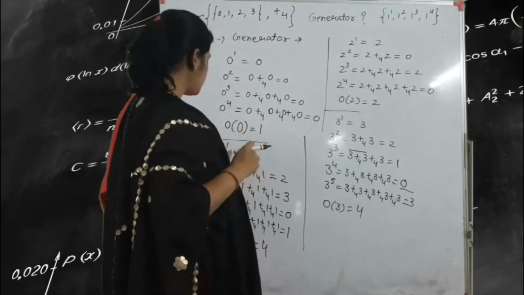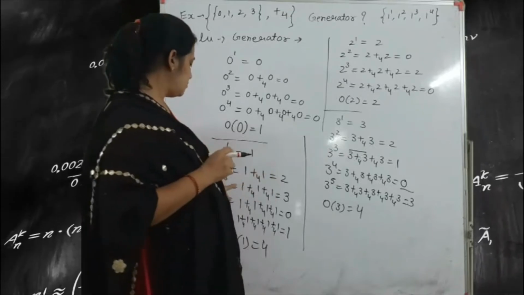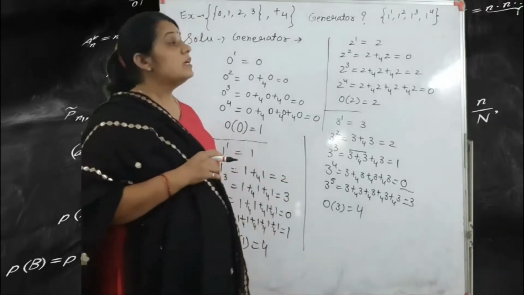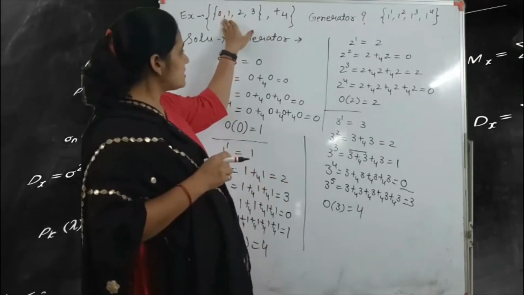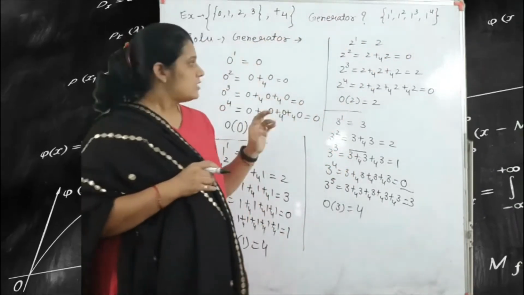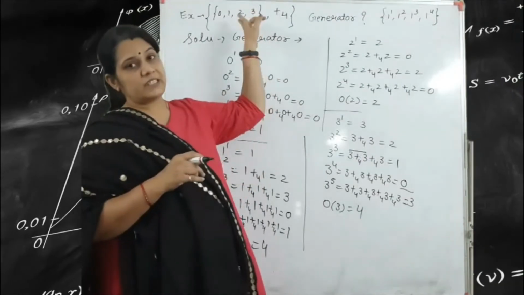Got it? Because 1 raised to the power 1 is 1, 1 raised to the power 2 is 2, 1 raised to the power 3 is 3, and 1 raised to the power 4 is 0. So element 1 is a generator of the given group.